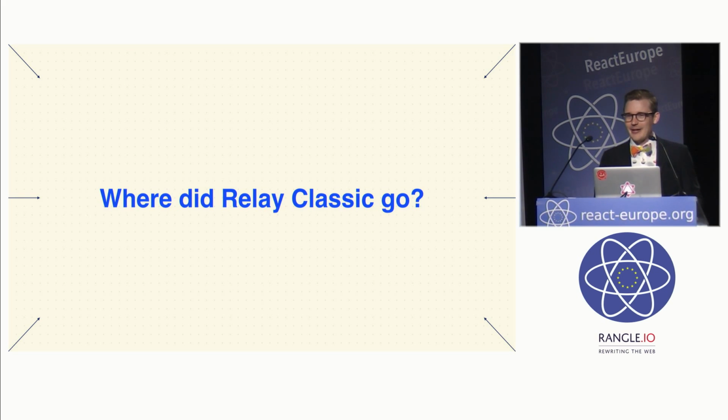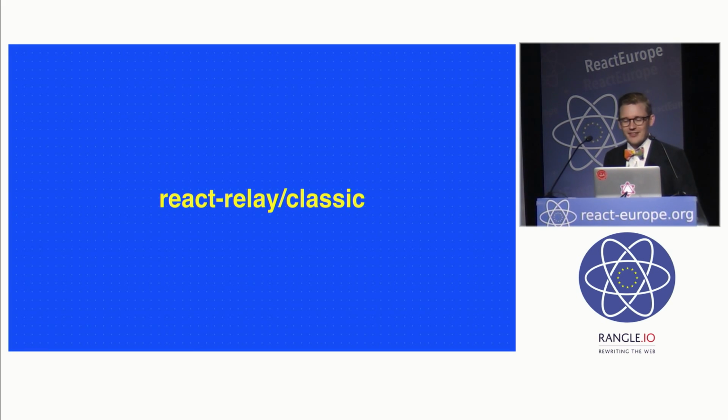Well, it's still available, but after updating to version 1.0 of React Relay, you'll need to replace your imports of React Relay with React Relay/Classic. And we've actually open sourced our codemod scripts for doing this to help out if you have a bigger code base like we do. And if you've already built something with Relay Classic, you might be concerned about being stuck there with no path going forward.